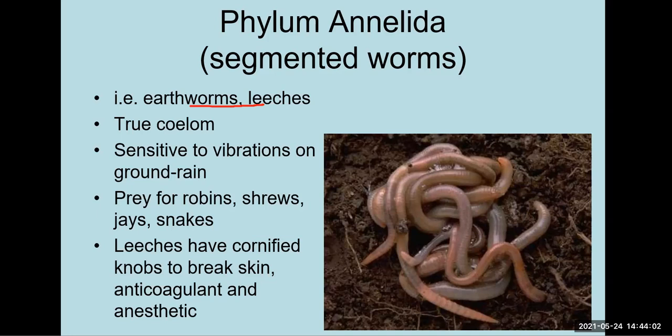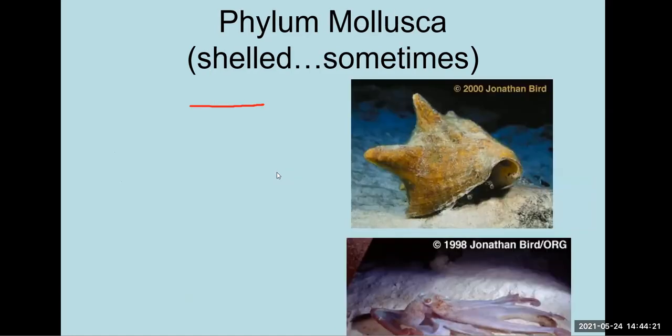We call them medicinal leeches because doctors use these leeches to treat people with hypertension. They suck some of the blood of those people.